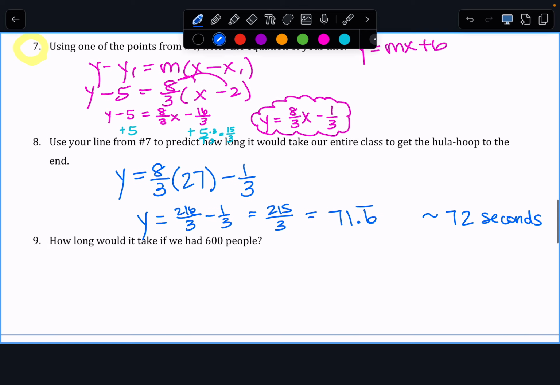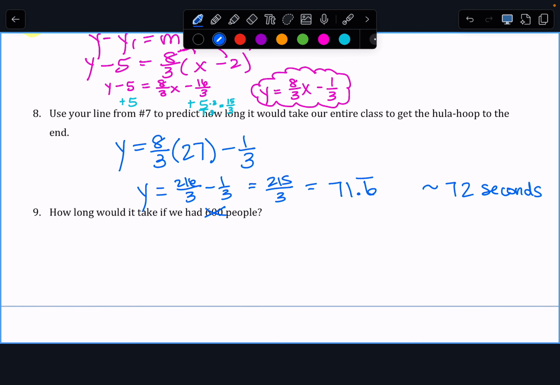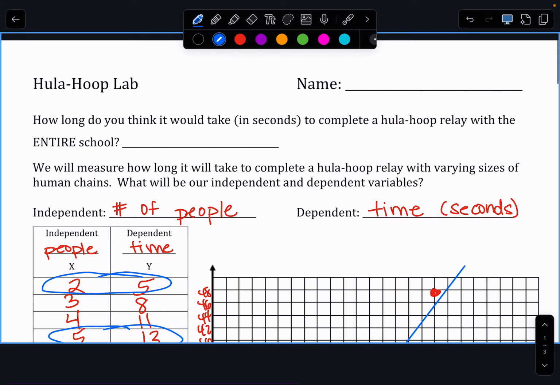Now, let's change this to 700, because that's what I asked you to predict in the first place, right? Let's see who got the closest to what our data shows. You already did guess. That's what I asked you to do at the very beginning.